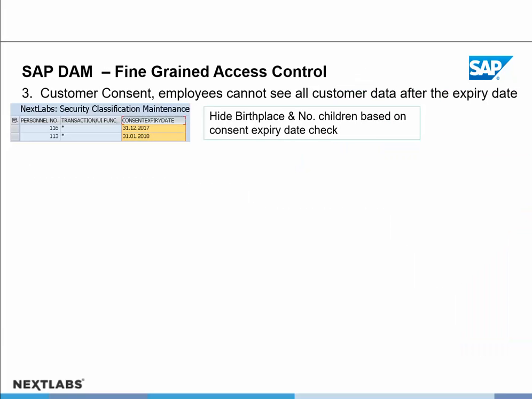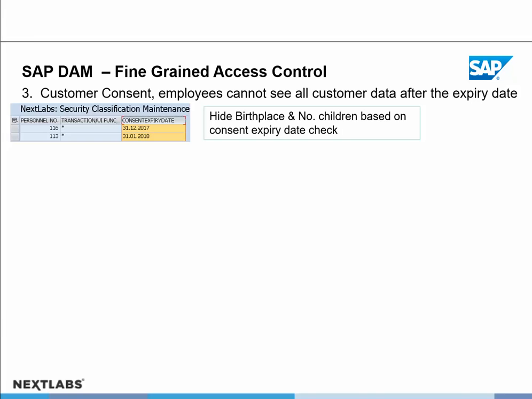Here we see the third example for fine-grained access control, this is for customer consent. So in this case, we have employees that can see all the customer data depending on when the expiration date for the consent is up.